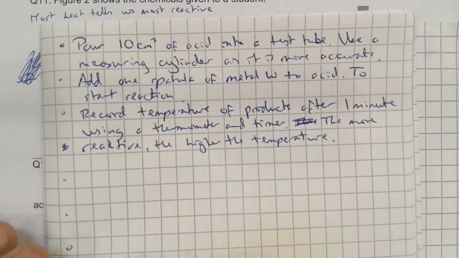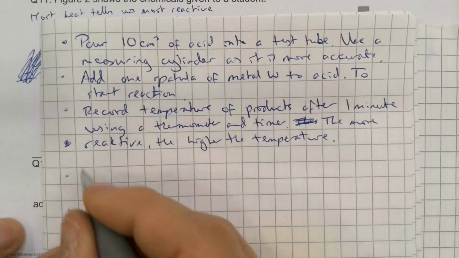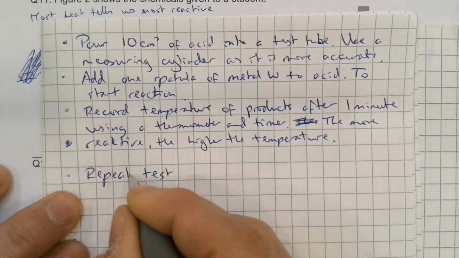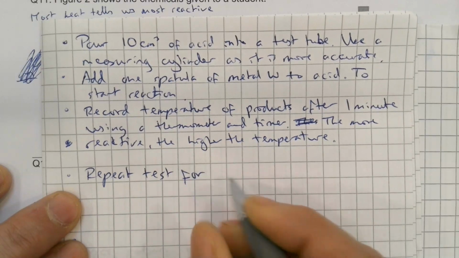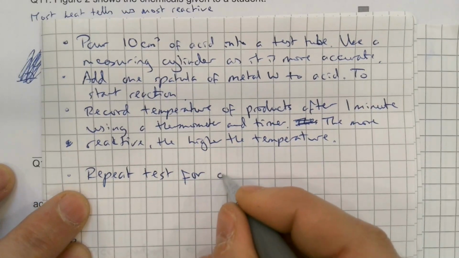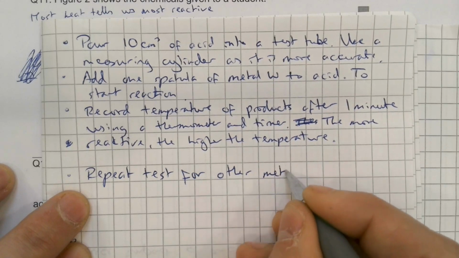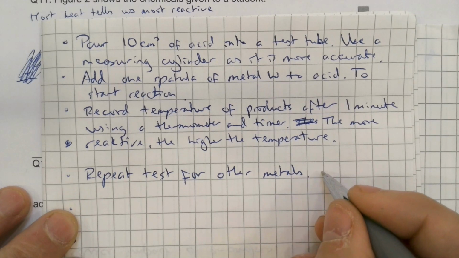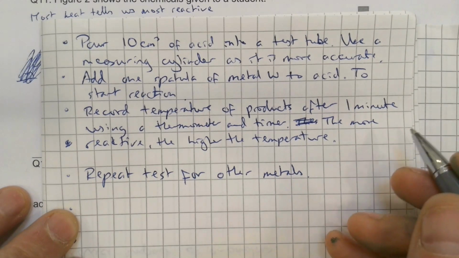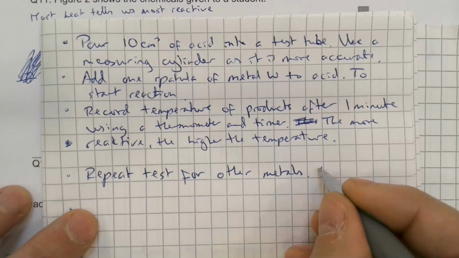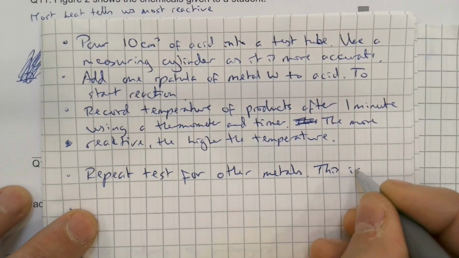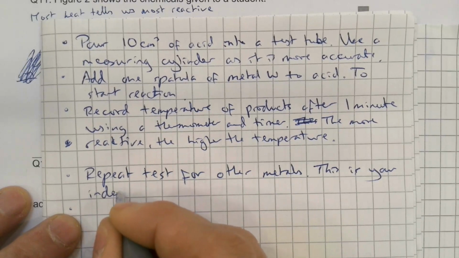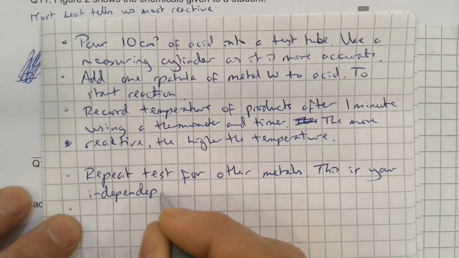What else do I need to do? I then need to repeat it, so repeat the test for other metals. Why bother? This is your independent variable, the thing you're changing, remember, so you've got to do that.